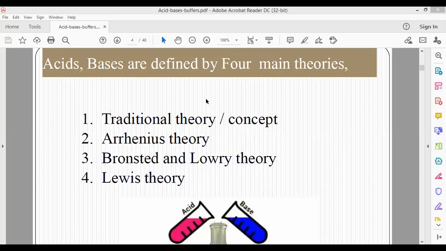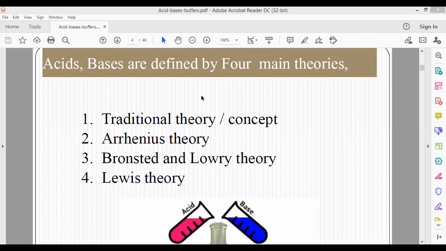There are mainly 4 theories used to explain the various definitions of acids as well as bases. Acid is the H+ ion, base is the OH- ion. H+ is also called a proton.